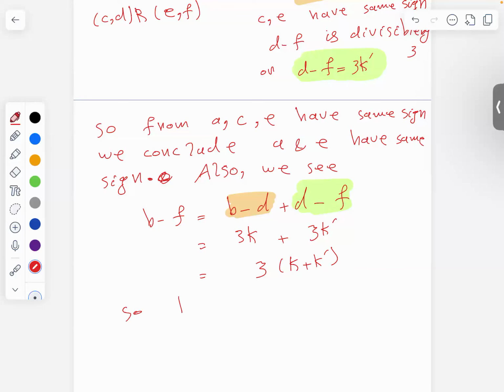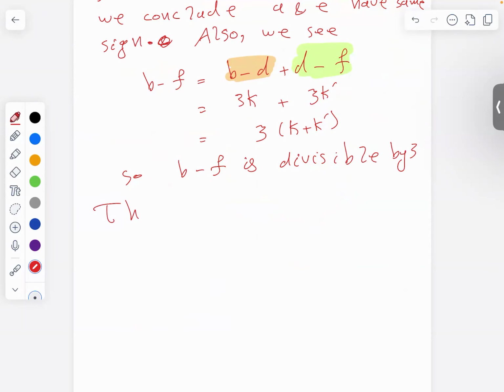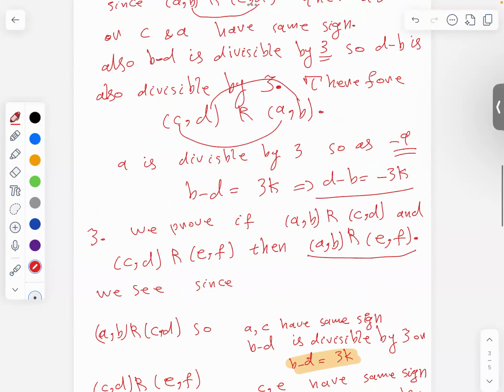So B minus F is divisible by 3. Therefore, (A, B) has a relation with (E, F). This proves transitivity.